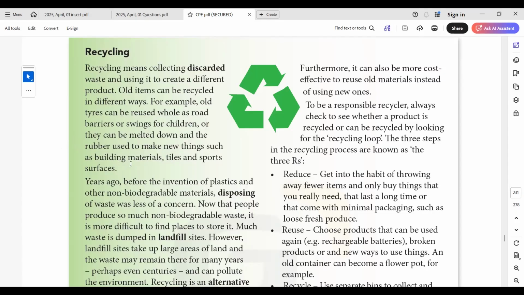New things such as building materials, comma, tiles, and sport surfaces. This one seems to be very easy, as we have got some words: materials, tiles, and sport surfaces. So the use of this comma is to separate items in a list.